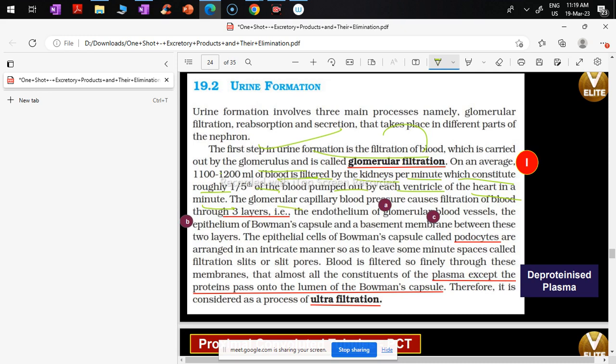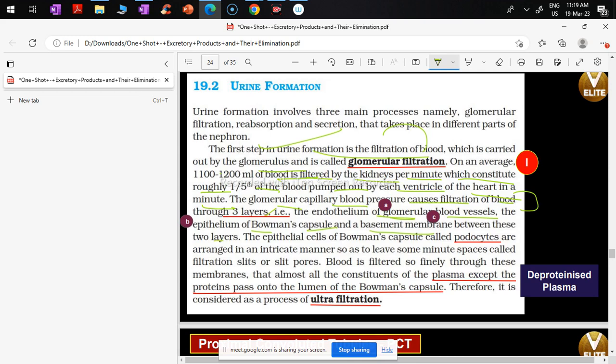So the glomerular capillary blood pressure causes filtration of blood through three layers. What are those three layers? The endothelium of the glomerular blood vessels, the epithelium of the Bowman's capsule, and a basement membrane between these two layers.